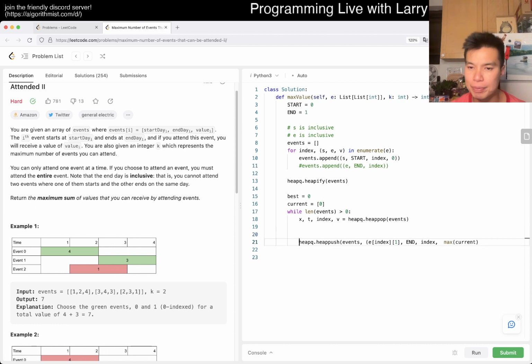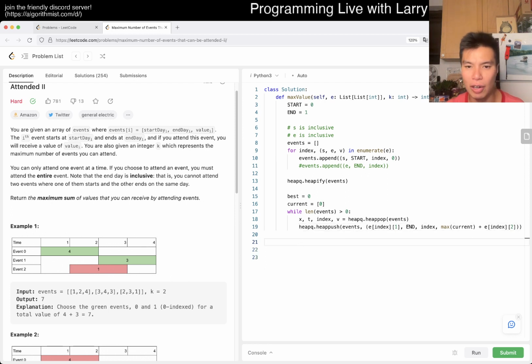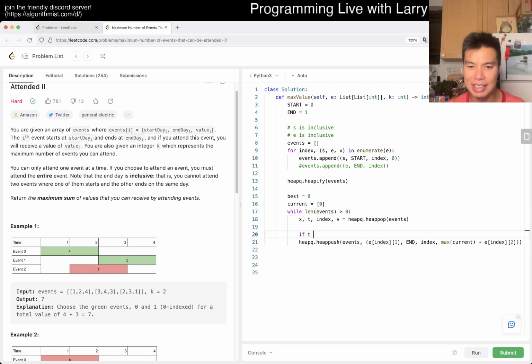Okay, yeah. So then now this is the max of current, which is the max of all the things that we've seen before, plus e of index of 2, which is the rate or the value of that thing, right? And that's pretty much it. I think if this is a start type, then this is what we do.